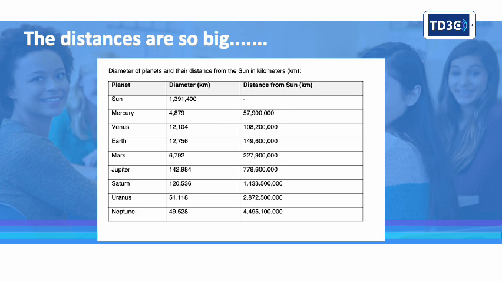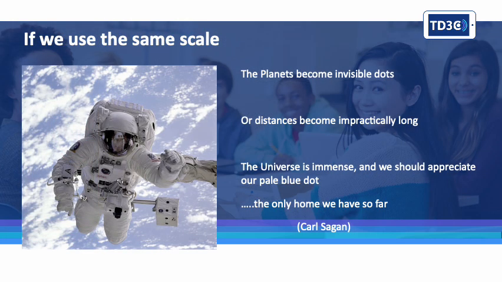You would need a really big town to place the sun and have the Earth using the size scale, and then put the planets in order. You will really need to go very far away. And so these are important discussions that you can have with your students.